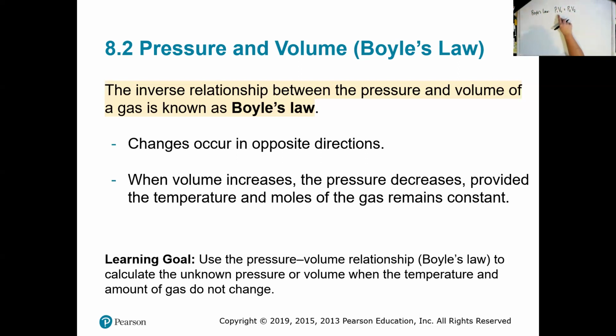All right, so we're only looking at pressure and volume changes. And if we have an initial pressure and an initial volume, and this pressure goes up, then this volume has to go down. Because the product of this multiplication has to equal the product of this multiplication.